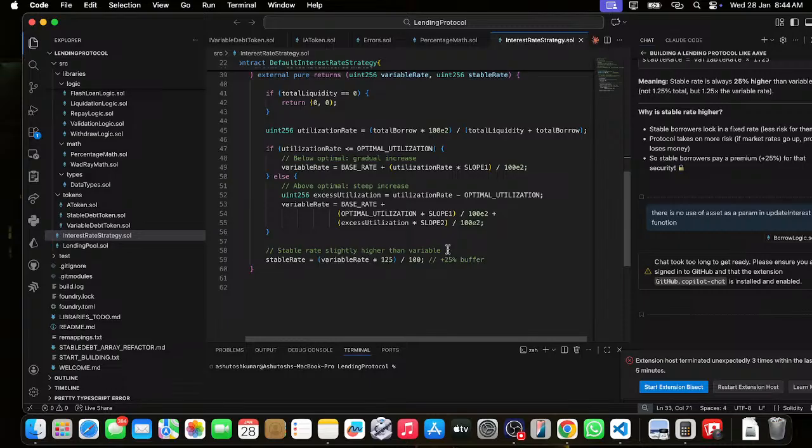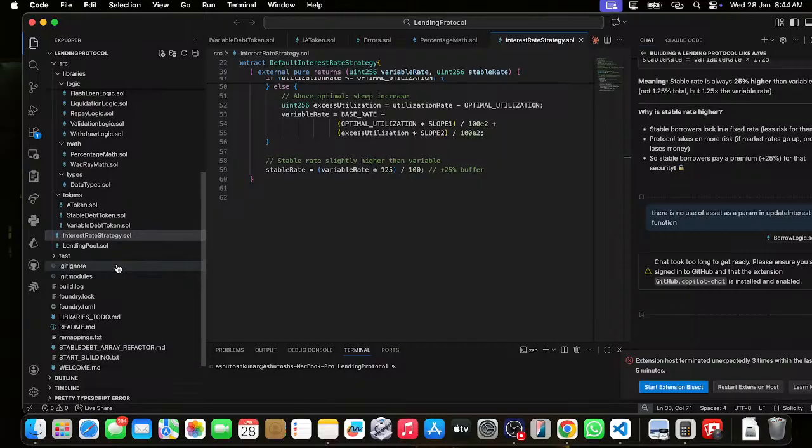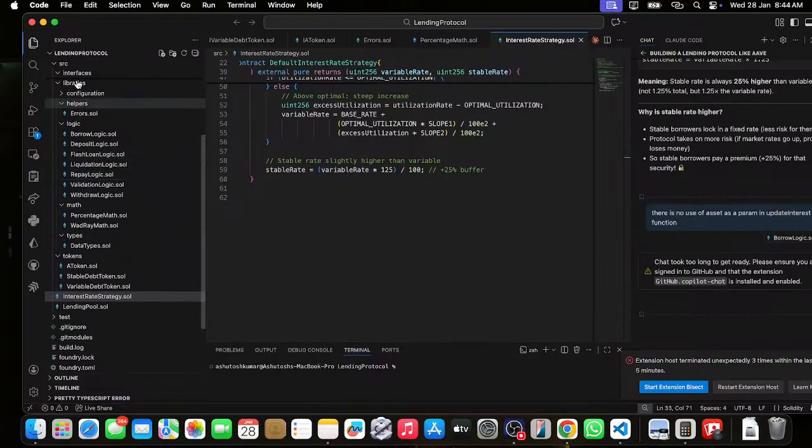We are keeping the maths really simple here and not complicating everything, and later on we will upgrade it to something better. Okay.